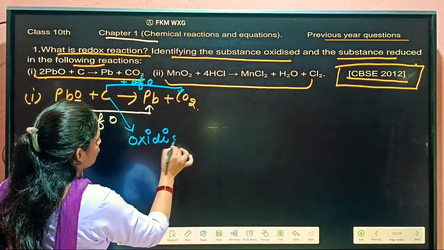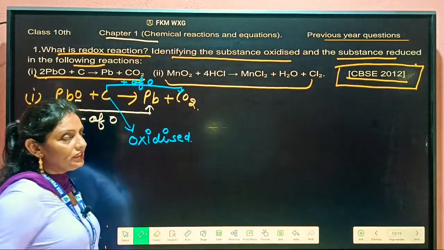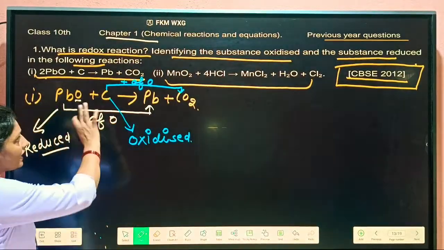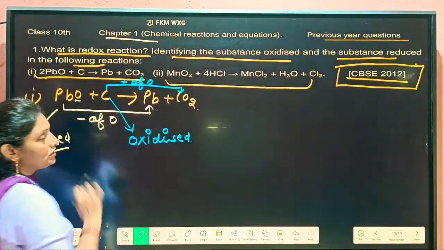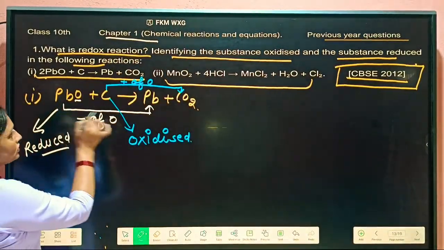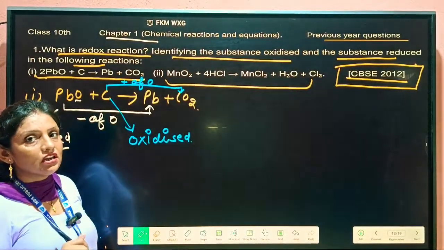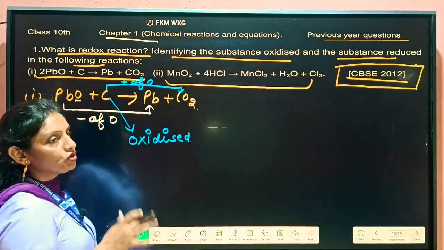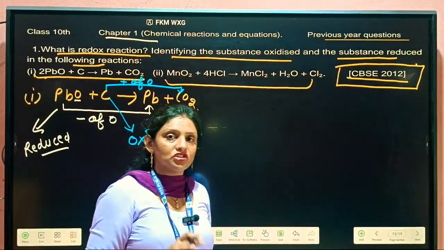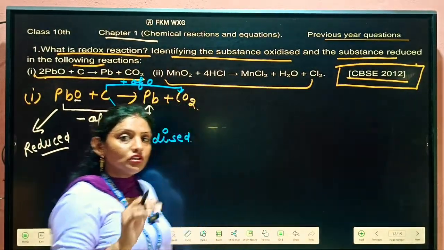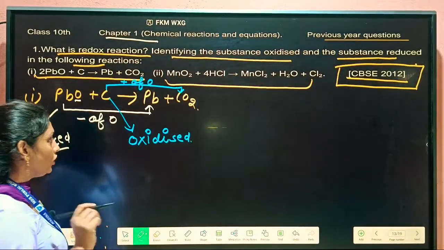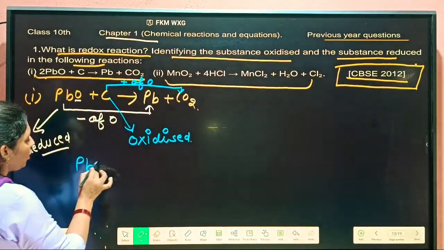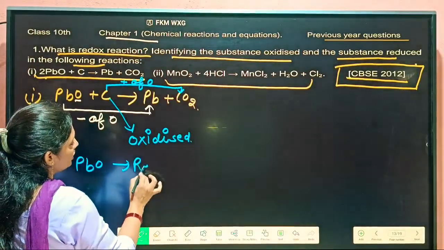Oxidation and reduction both are taking place here, so this is also an example of a redox reaction. So PbO is reduced, and carbon is oxidized.